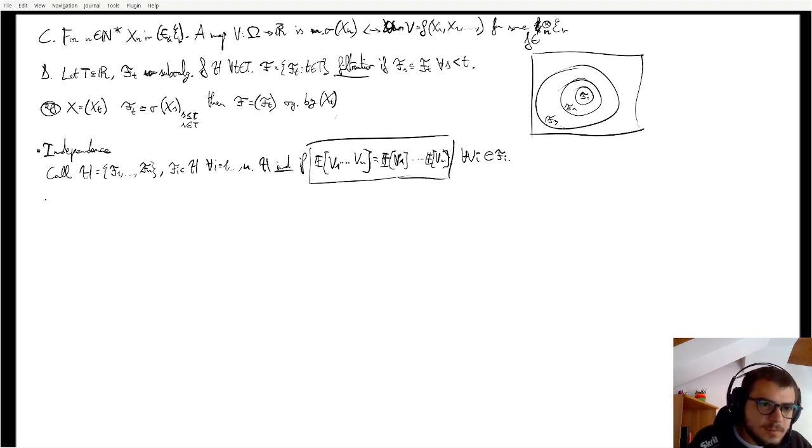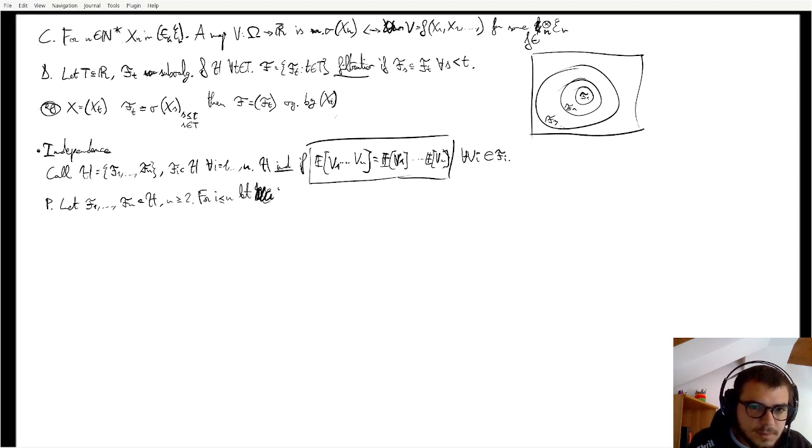And a proposition related to this is: let F1 to Fn be sub-sigma algebras of H with n greater than 2. For any i less than n, let script Ci be a pi-system that generates Fi.